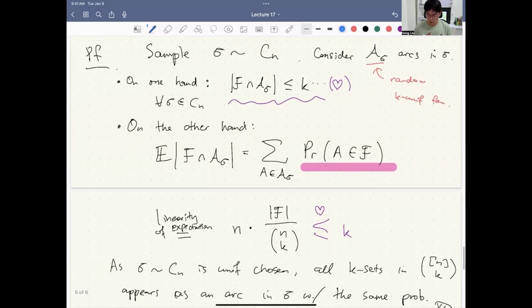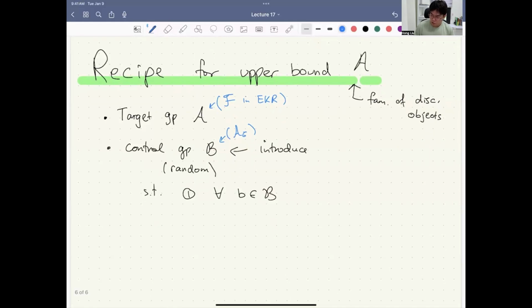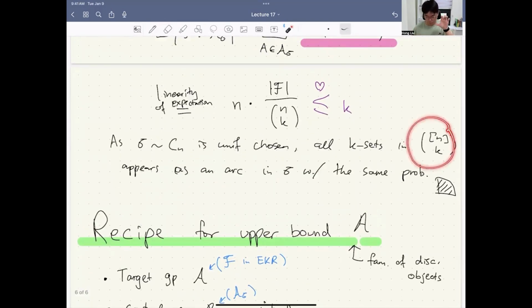If you pair this up, this A, the target group, is the intersecting family in Erdős-Ko-Rado, and this control group is A sigma in the proof. If you choose an element in our control group, you choose a random arc in a cyclic permutation. This random arc is a uniform distribution over all possible k-sets.